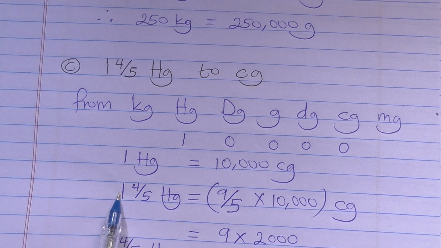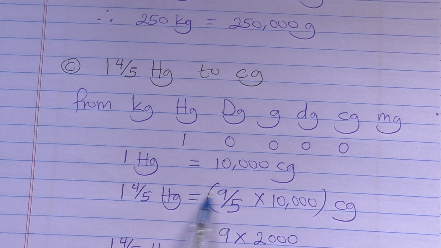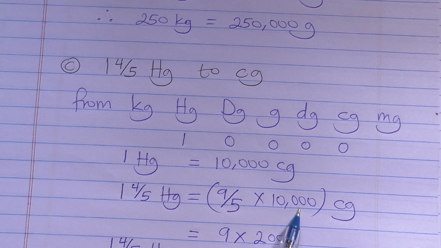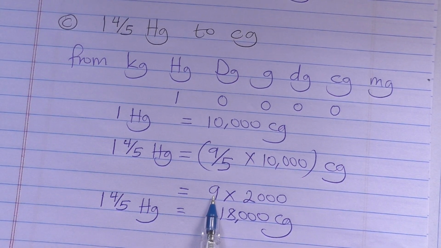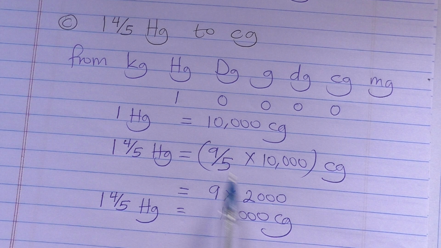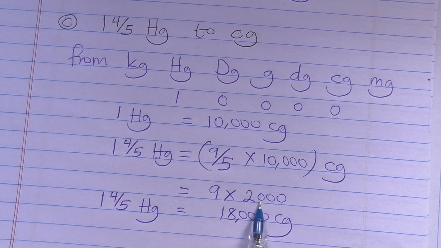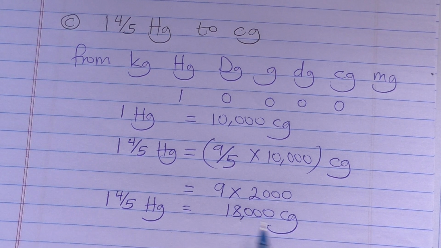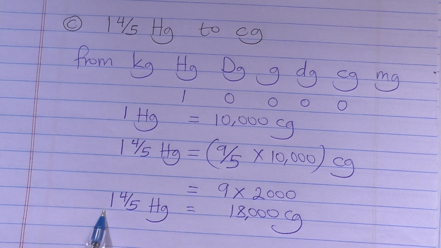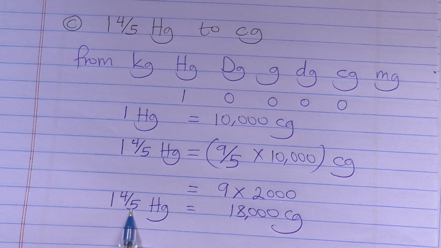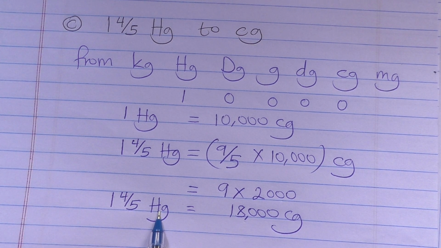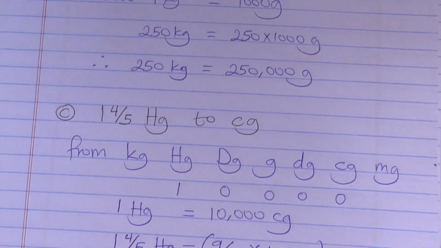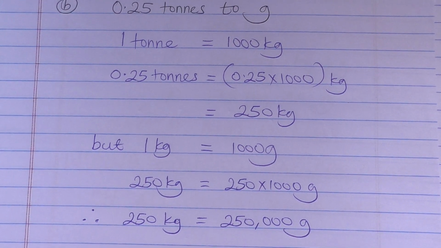Multiply 5 times 1 plus 4 to give us 9 over 5. So it will be 9 over 5 times the 10,000 to give us 9 times 2,000, since this one reduces 10,000 by 5 to remain with 2,000, which gives us 18,000 centigrams. So it means that 1 and 4 over 5 hectograms is equivalent to 18,000 centigrams. So that is how we shall convert units of mass.